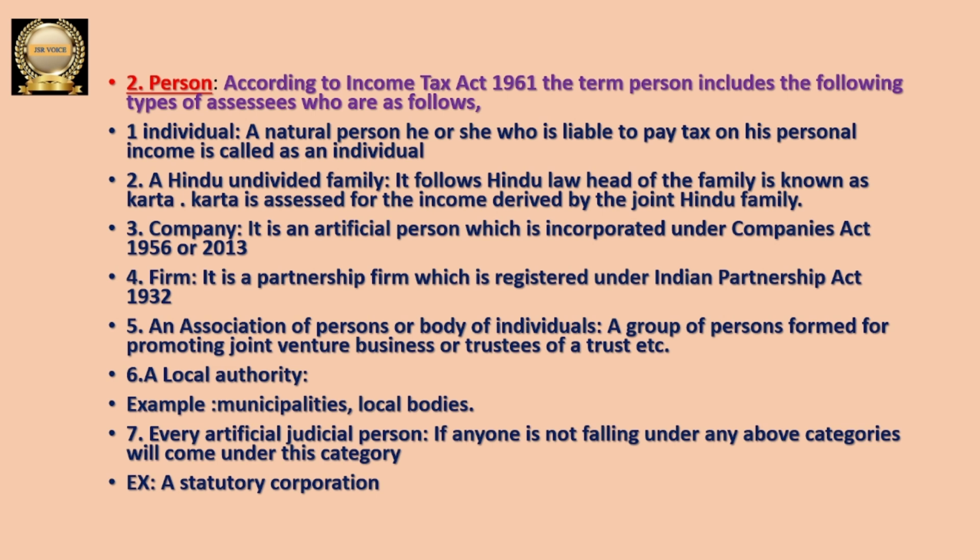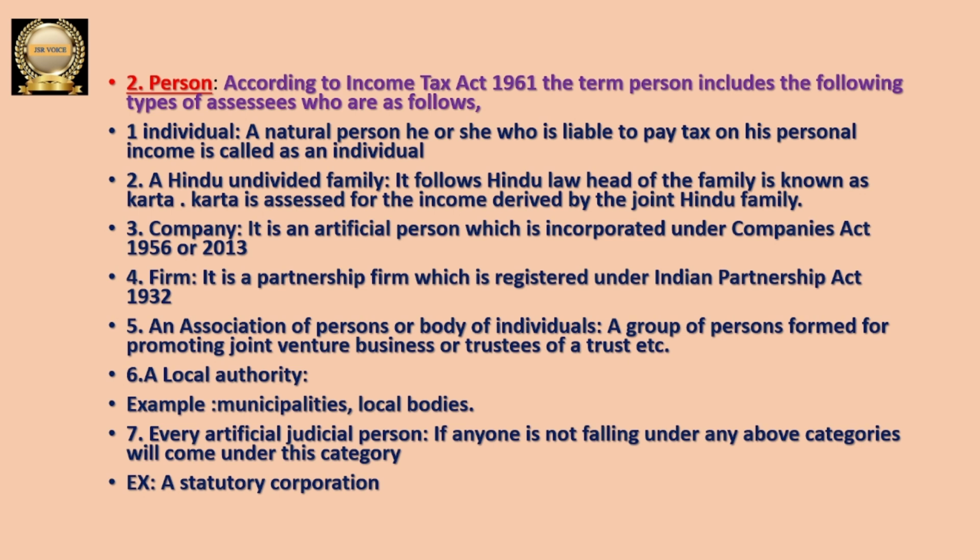For example, if we earn some amount of income every year, say 3 lakhs, we need not pay tax to the income tax department. This is just an example. If our income is more than 3 lakhs, then on whatever income we earn above 3 lakhs, we should pay tax to the income tax department.